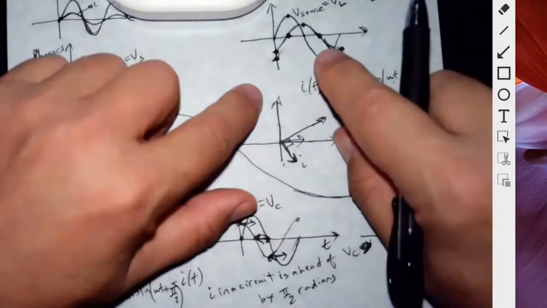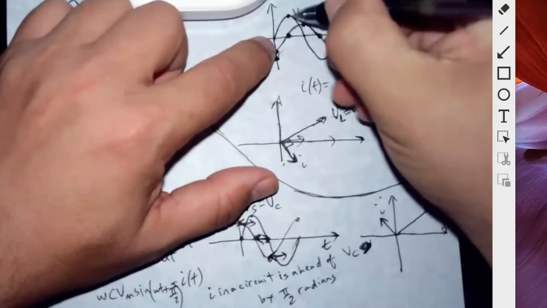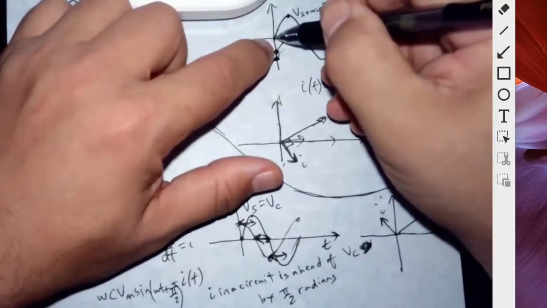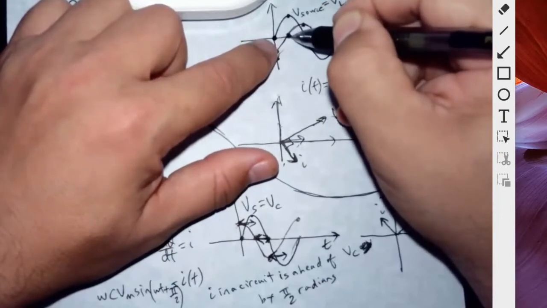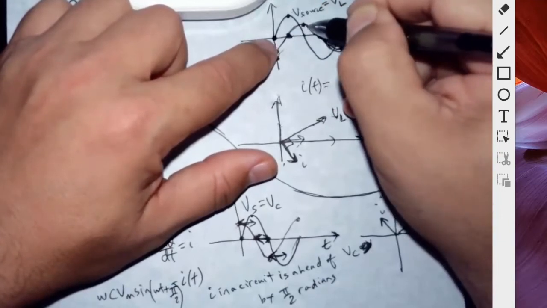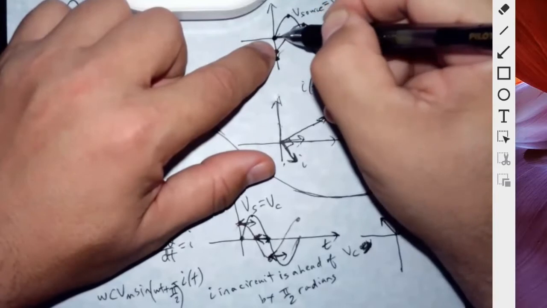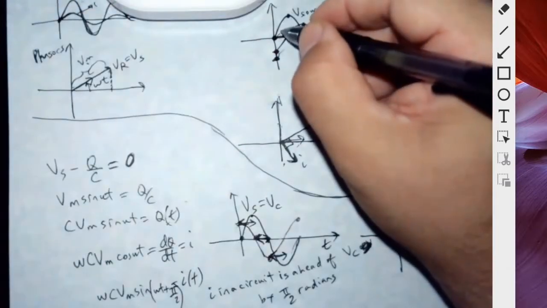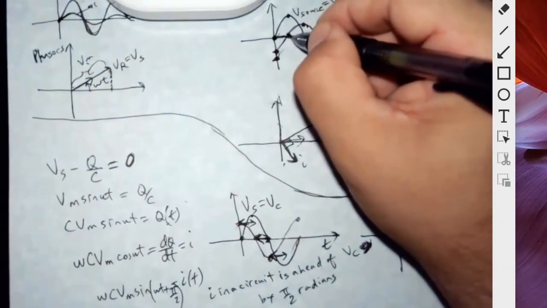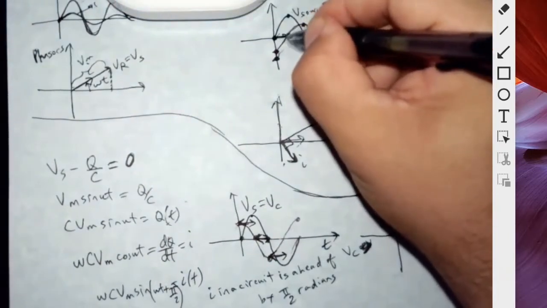In the other one, the voltage of the source is ahead because it reaches 0 before the current does. So, in other words, the source voltage reaches 0 before the current does. So you see, this is also delta T.